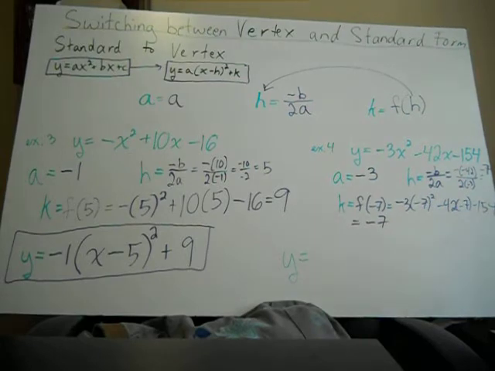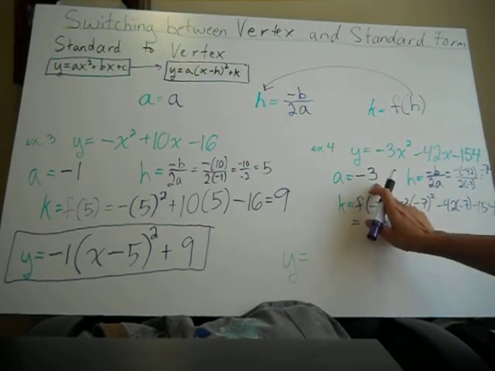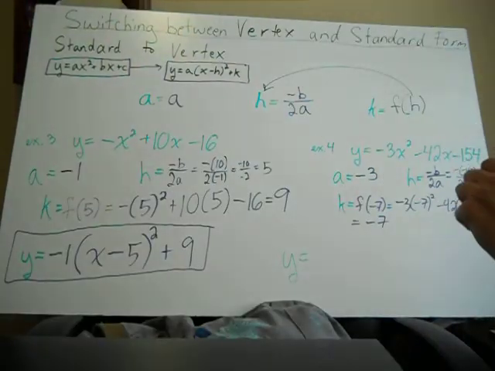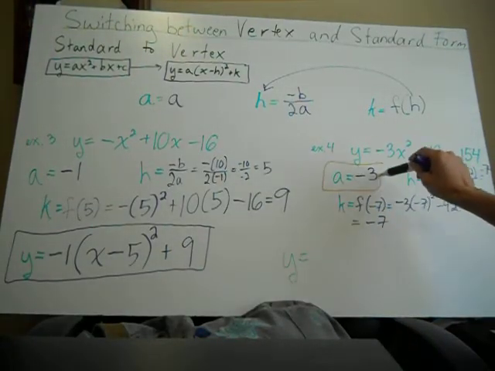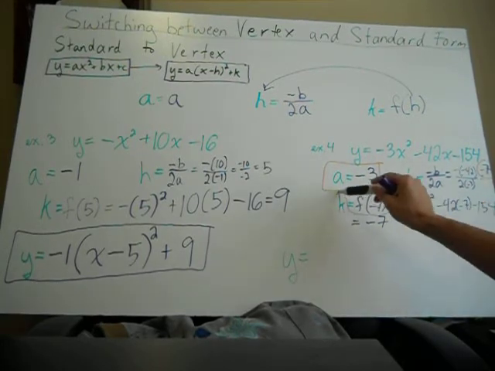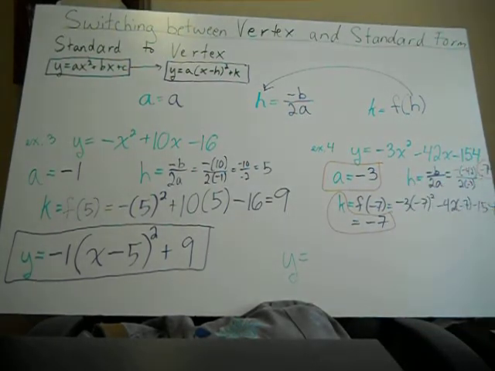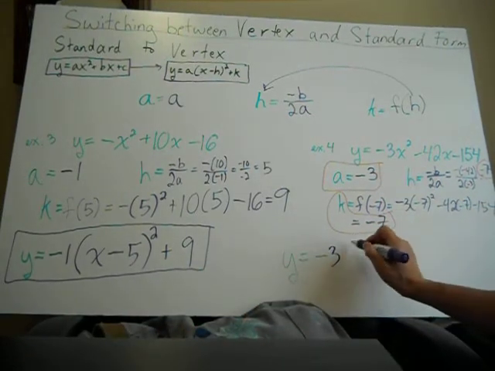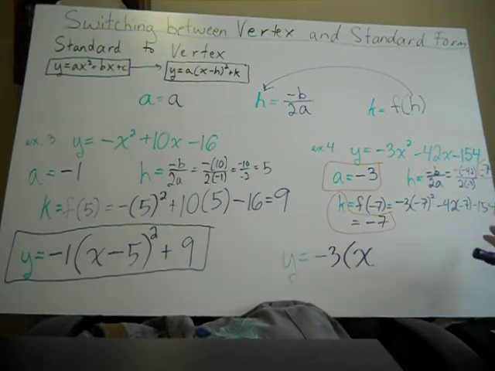Okay, now this one's a little bit trickier. So when you plug in a, because see now we have our values right here, draw a little more attention. So a is -3, h is -7, and k is also -7. So as we plug those in though, we need to be careful. So y is equal to -3 times x minus h.